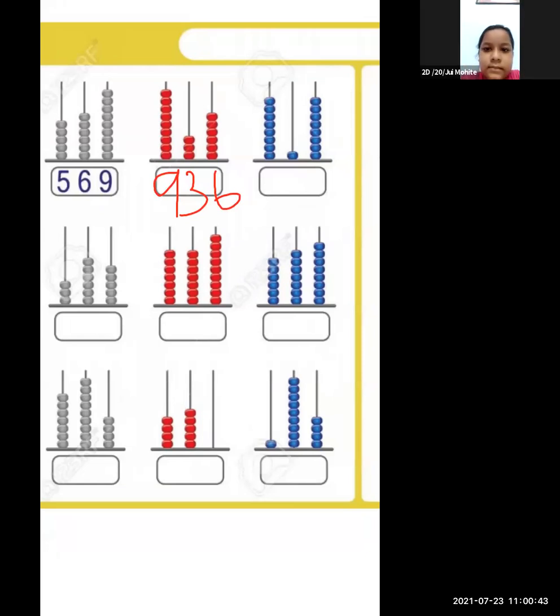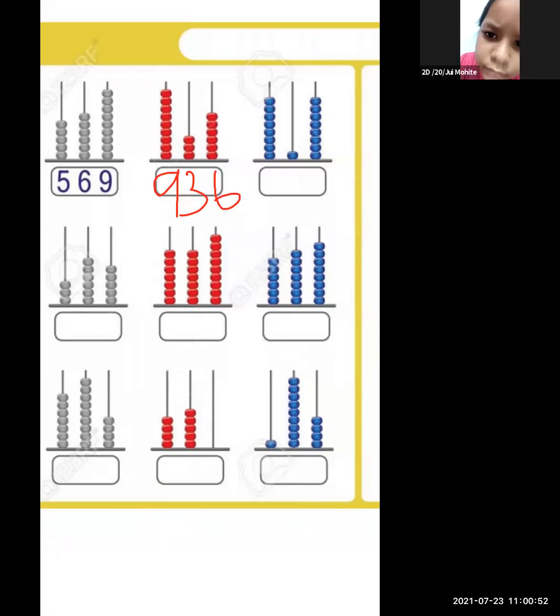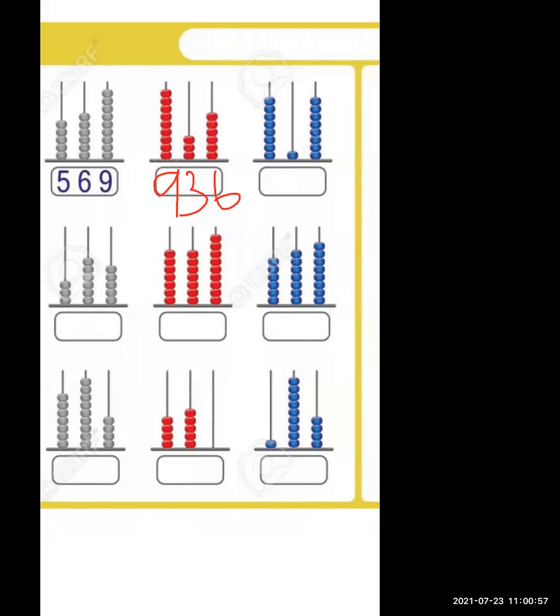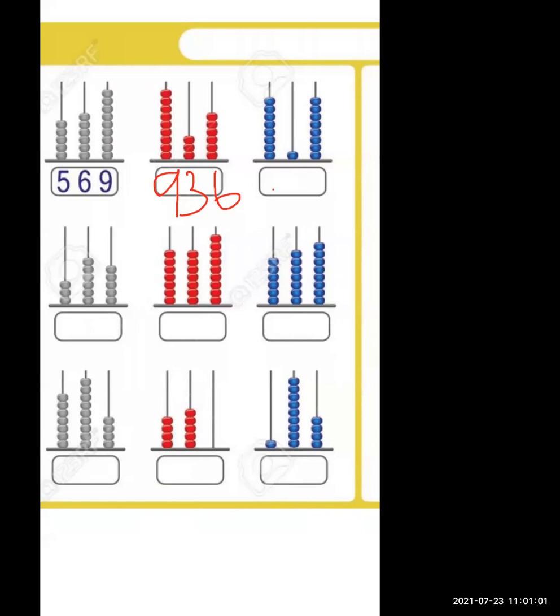Yes. The second question is there. Hundreds are there. Just count the beads and tell me how many hundreds are there. 1, 2, 3. Count these beads. Blue beads, count the first blue beads. How many beads are there? 8. 8 beads. It means we call it 800.